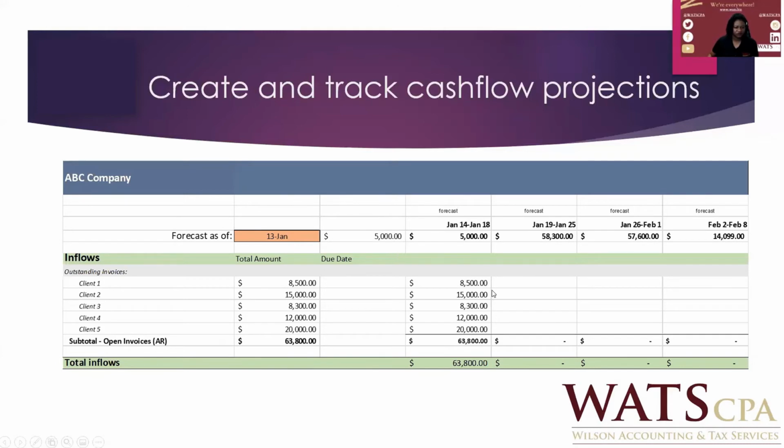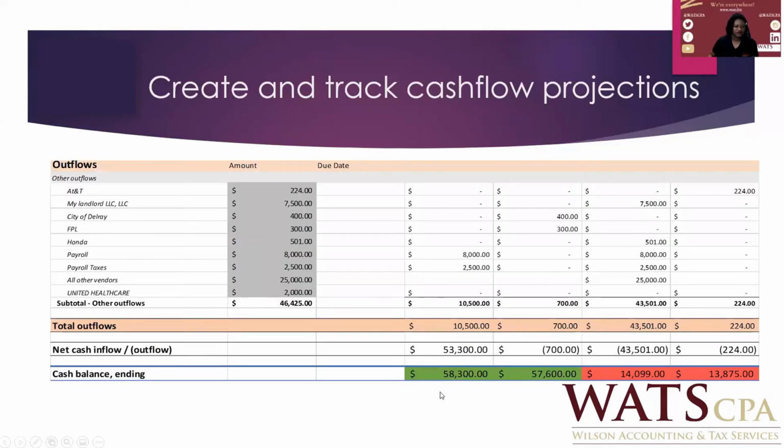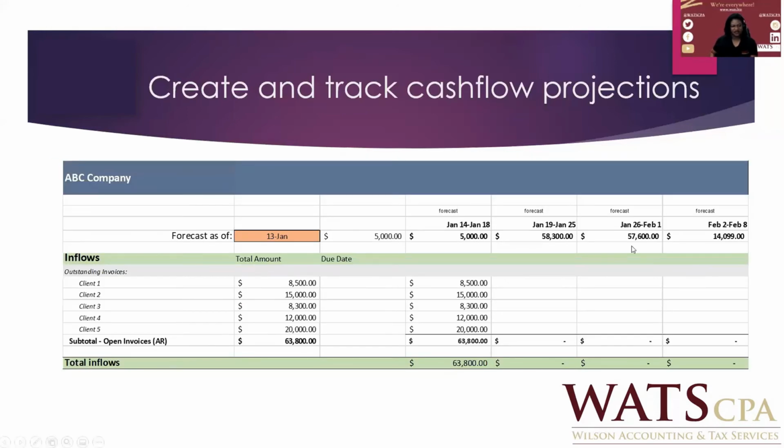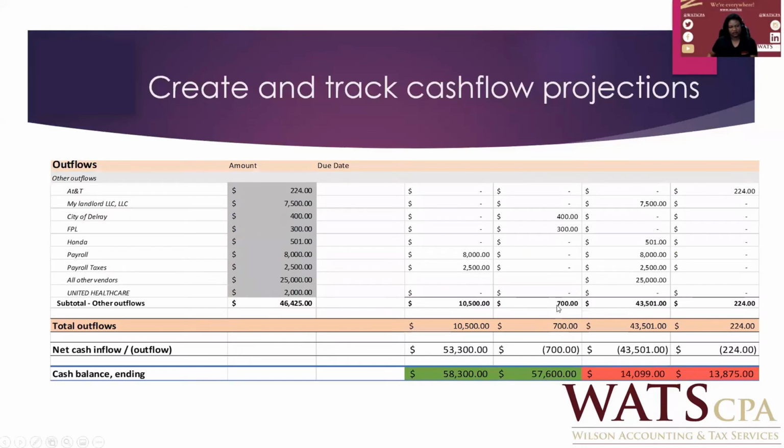That gives us an ending cash balance of $58,300 for week number 1. So what you would do is take that ending cash balance from week 1, and that would be your starting cash balance in week 2, plus or minus any income and cash flow for that week. That's how you would track your ending cash balance week to week.